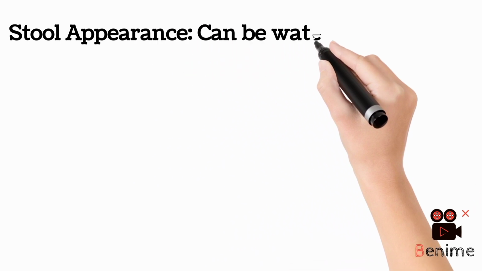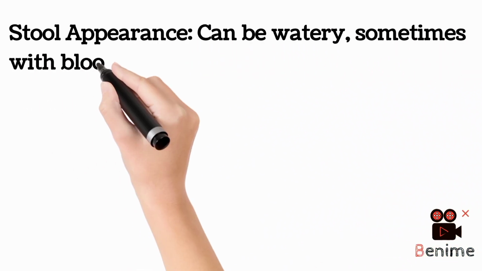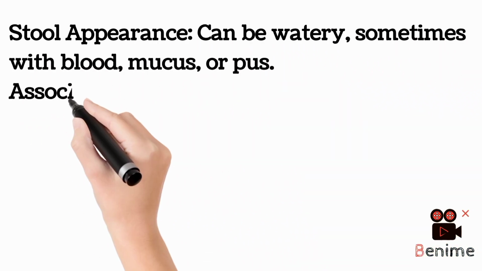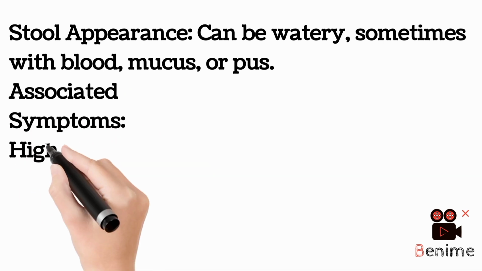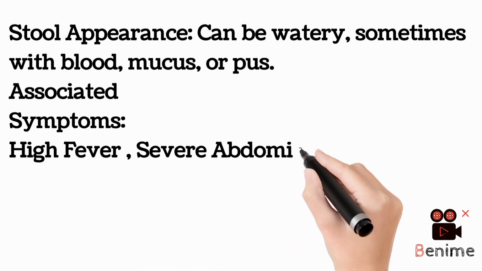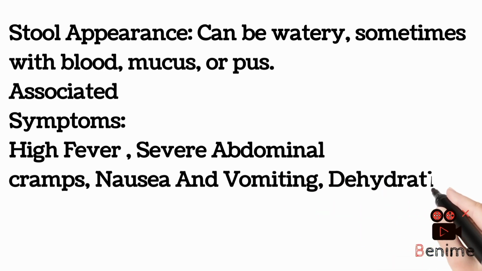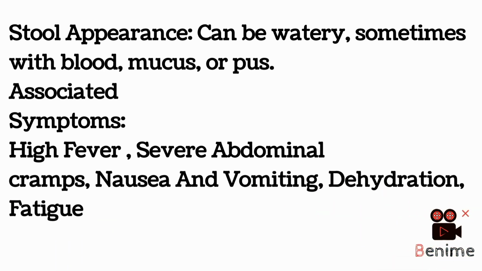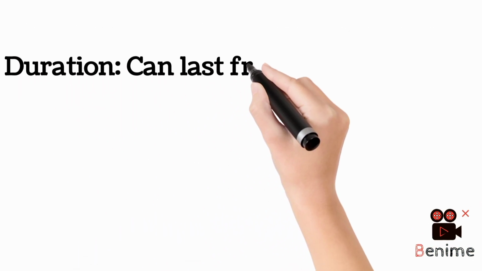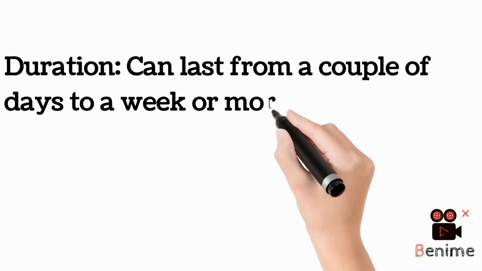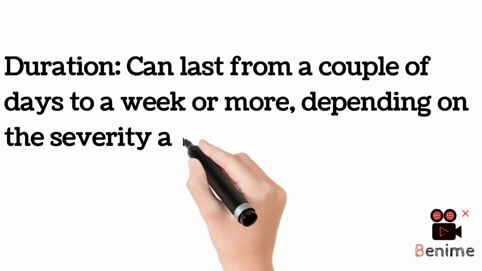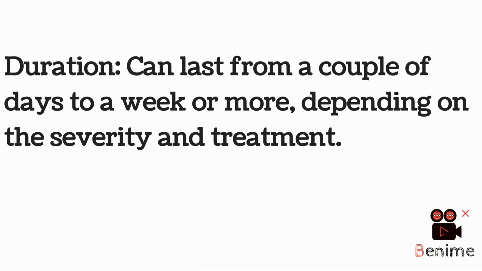Can be watery, sometimes with blood, mucus, or pus. Associated symptoms. High fever, severe abdominal cramps, nausea and vomiting, dehydration, fatigue. Duration. Can last from a couple of days to a week or more, depending on the severity and treatment.